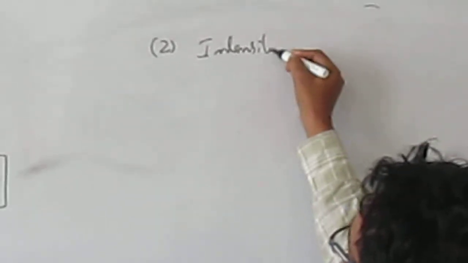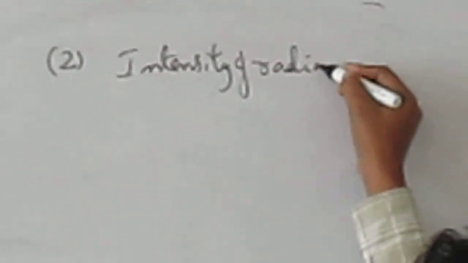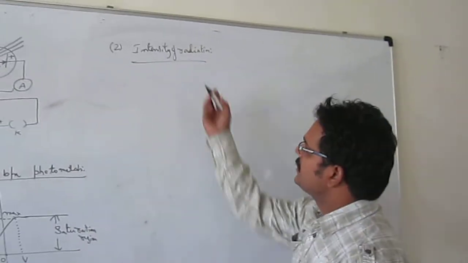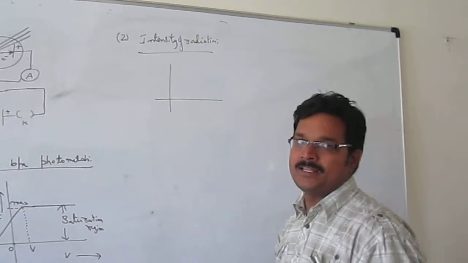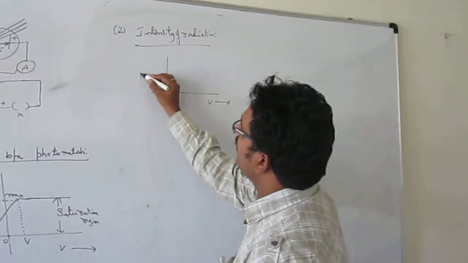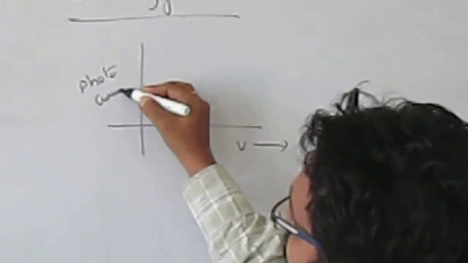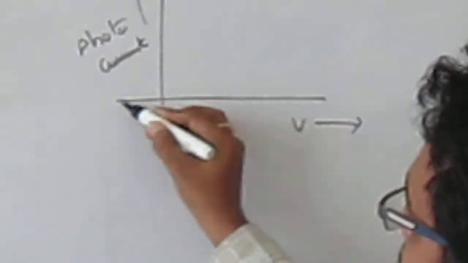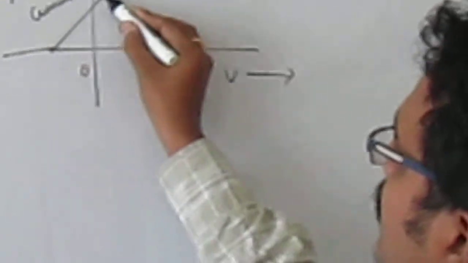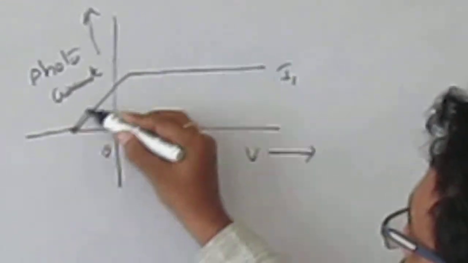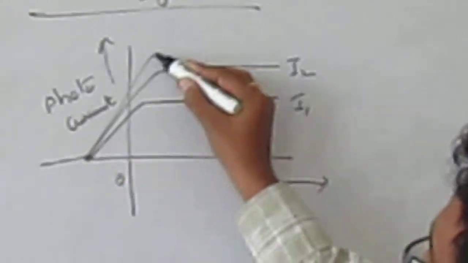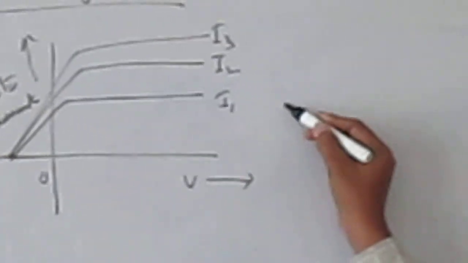Now we move to the second factor, that is intensity of radiation. After doing the experiment, they took the values of potential and photocurrent like this. Now they tested the photocurrent for different intensities of the radiation. The intensities go on increasing, like I3 is greater than I2 is greater than I1.